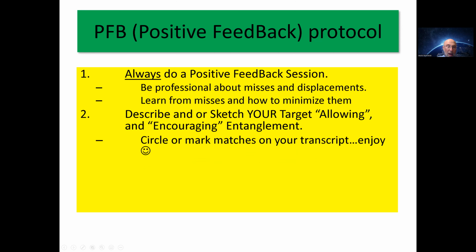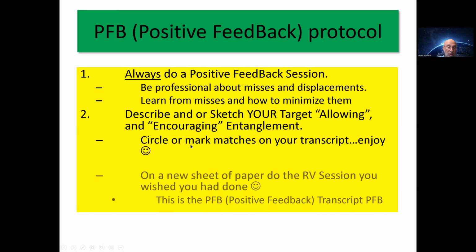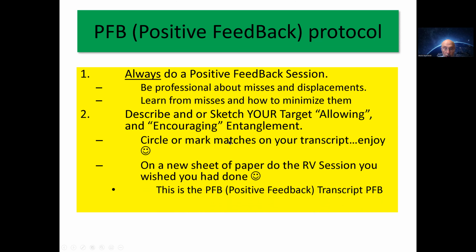Okay, and then on your transcript, you do what I just showed you. I believe you circle or mark matches on your transcript, and now you're really enjoying this. Again, you're lighting this up, and you're lighting up the good stuff, whether it's a hit or a miss. And then on a new sheet of paper, you basically do the RV session you wish you had done in an RV mode.